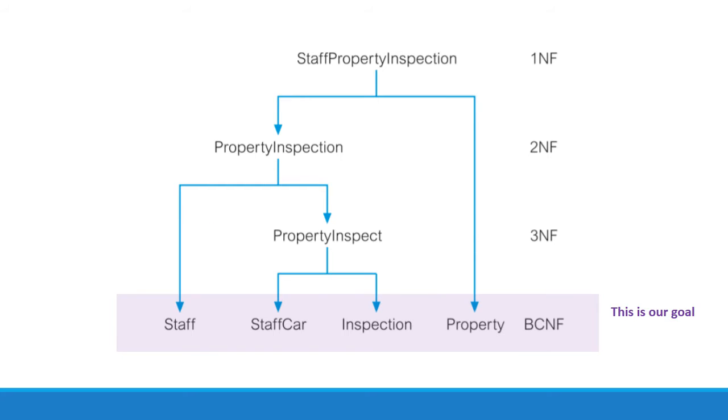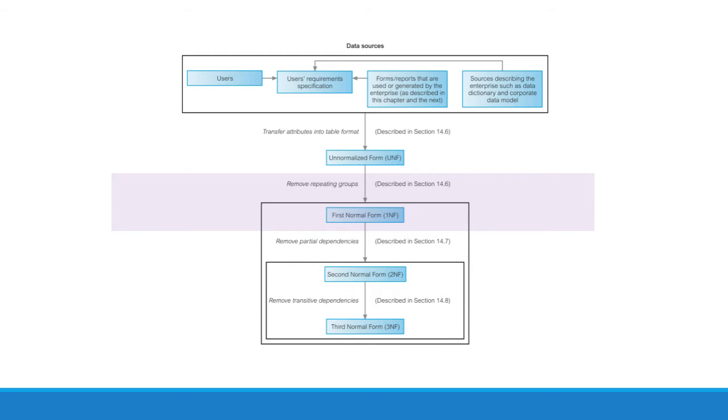Okay, so this is our goal: the first NF, second NF, and third NF, and we're going to reach BCNF. How do we build this? Okay, so this is the first normal form. In the first normal form, we need to remove the repeating group.